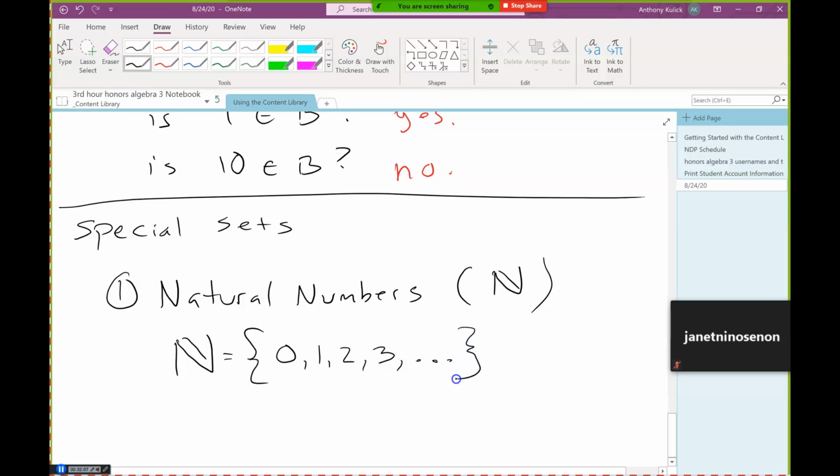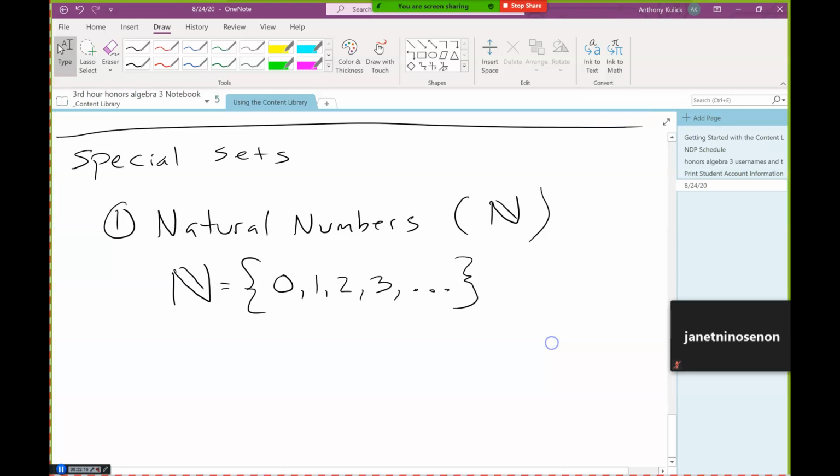And the natural numbers is just this set: 0, 1, 2, 3, etc. So it's just these normal counting numbers. But one of the irritating things about mathematics is that as a community, we haven't really decided when we talk about the natural numbers if we want to include 0 or not.